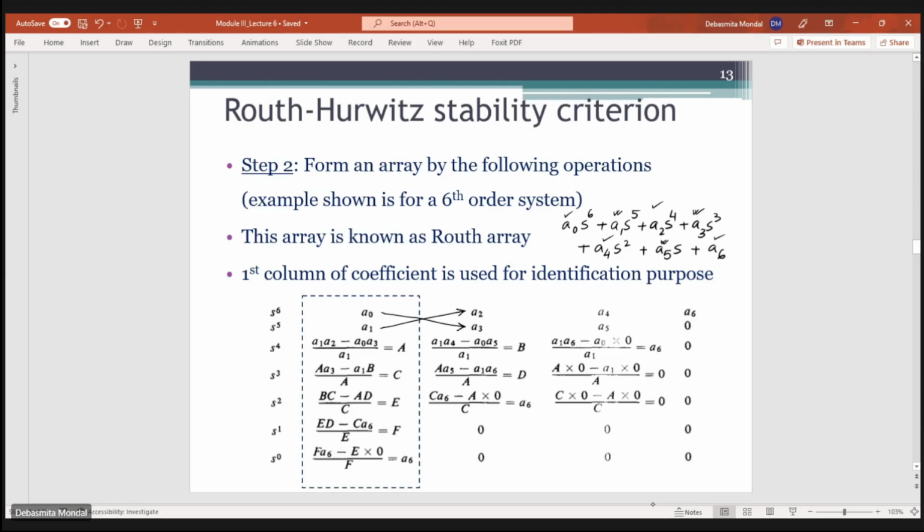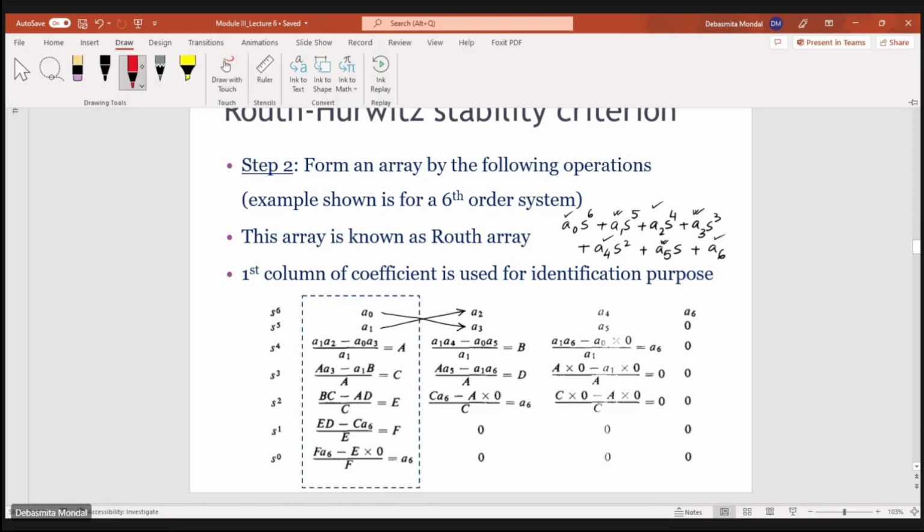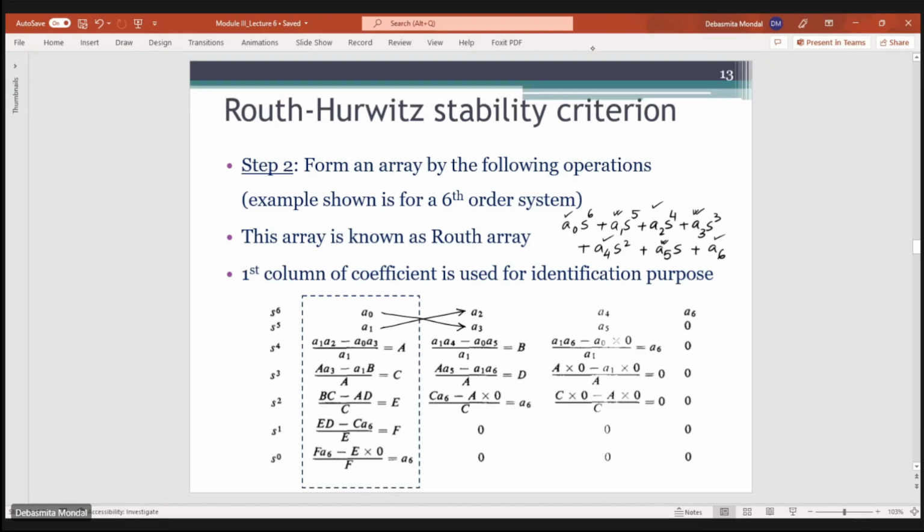Similarly for the second term, since we are dealing with this row, it will always start from the first element of the previous row. So you start from A1. You multiply A1 with A4 and A0 with A5, take the difference and divide it by A1.